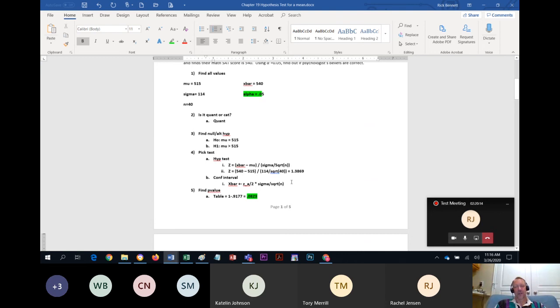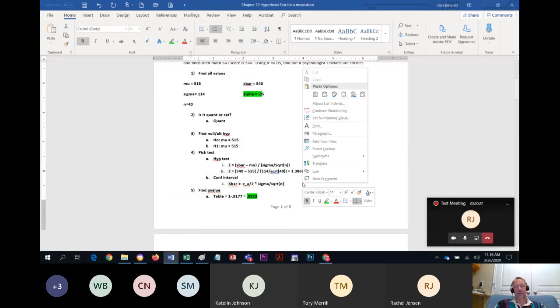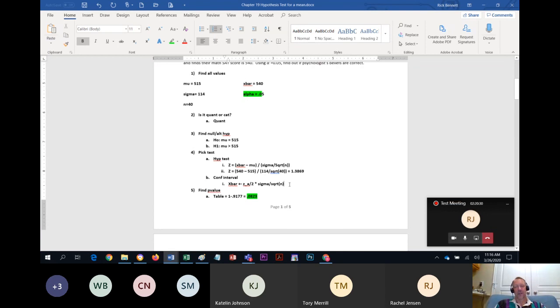Now, the other thing that I just wanted to point out is we didn't spend any time doing the confidence interval, but theoretically, you should be able to come up with the same conclusion. Obviously, you don't need to worry about a p-value for a confidence interval, but what I would like to do is to show you how the same problem could be done using a confidence interval. So in this case, and I know we're running a little bit short on time, your X bar is going to be your 540, right?